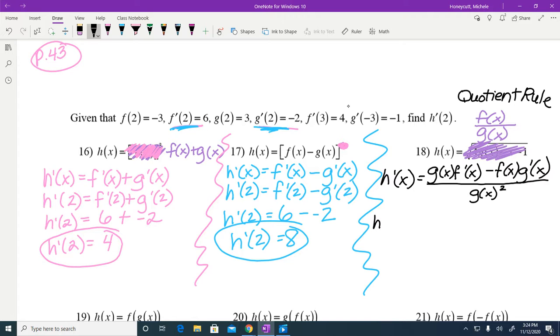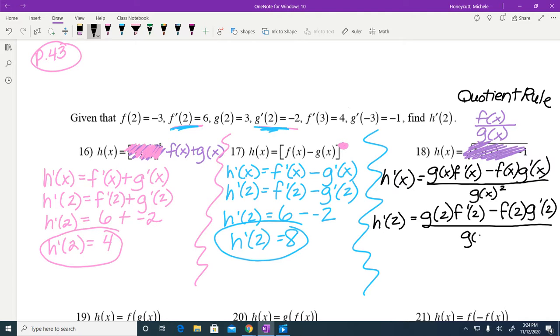So if I want to find h prime of 2, I need g of 2 multiplied by f prime of 2, minus f of 2 multiplied by g prime of 2, all over g of 2 squared.